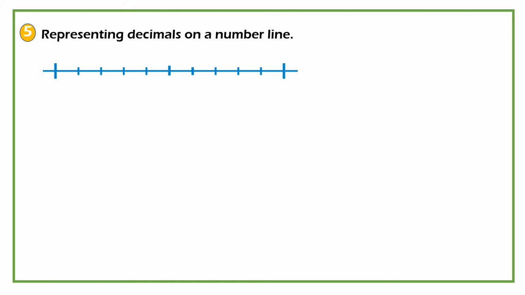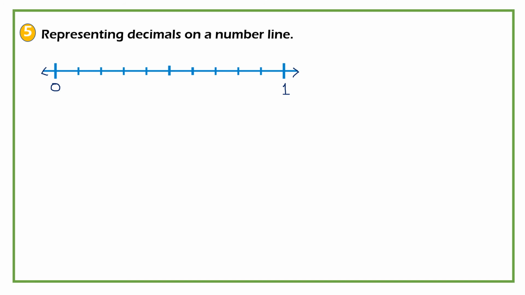Now, let us see how we can show decimals on the number line. Now we have got this number line. If this is 0 and this is 1, what happens?